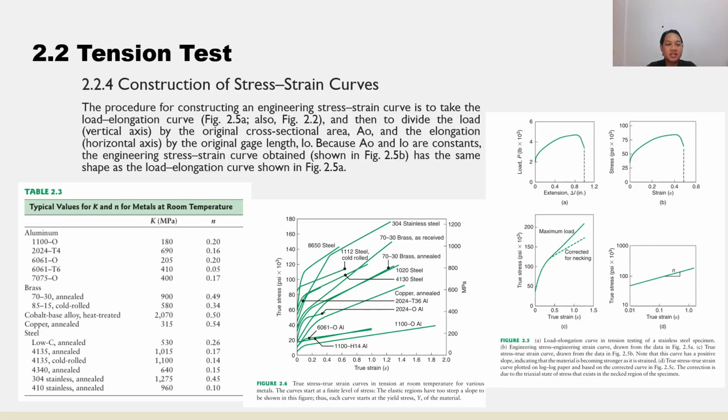Next is the construction of stress-strain curves. The procedure of constructing an engineering stress-strain curve is to take the load-elongation curve in Figure 2.5, also Figure 2.2, and then divide the load by the original cross-sectional area A0 and the elongation by the original gauge length L0.